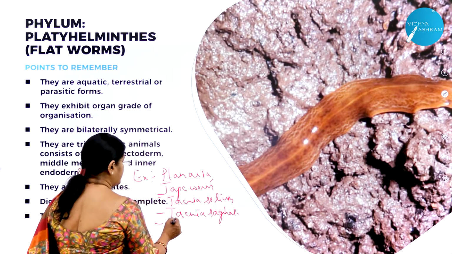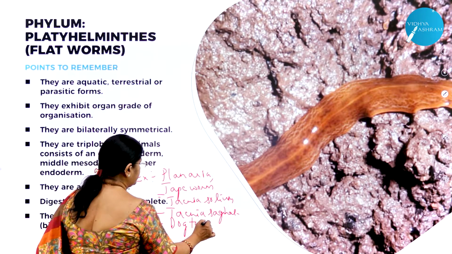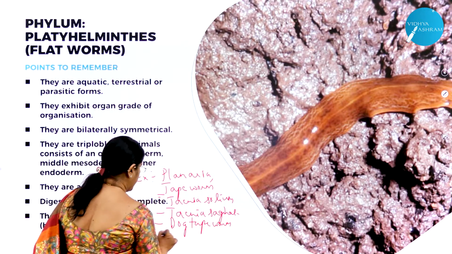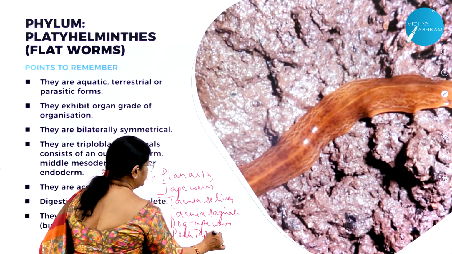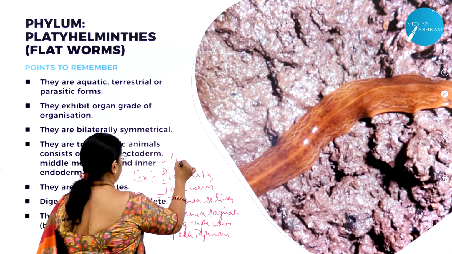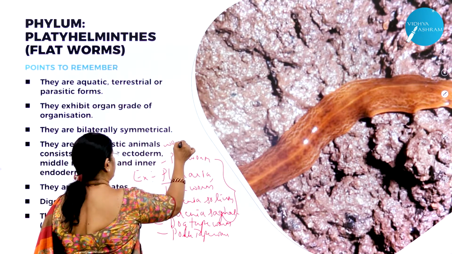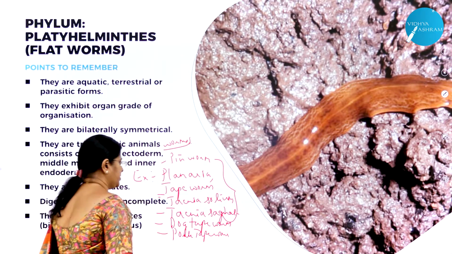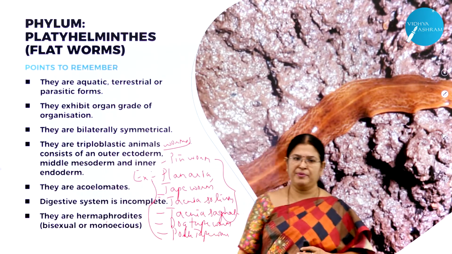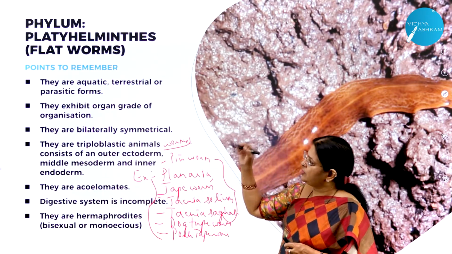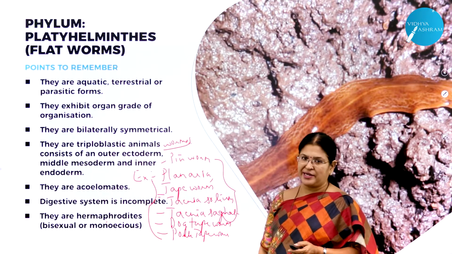So we have the dog tapeworm, then the pork tapeworm. But I heard about pinworm. All these are commonly referred to as worms. Right? All these are the classical examples for phylum Platyhelminthes. So hope you have understood the very important characteristic features of these Platyhelminthes.